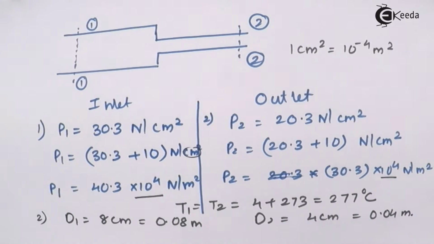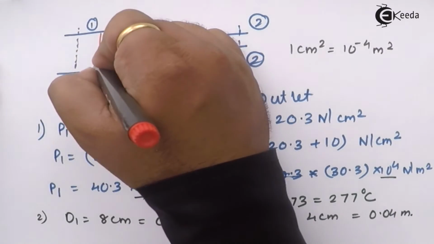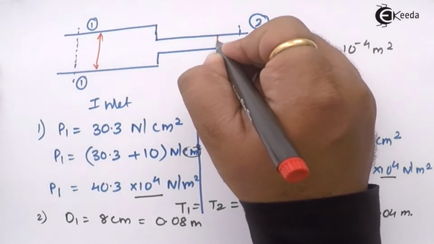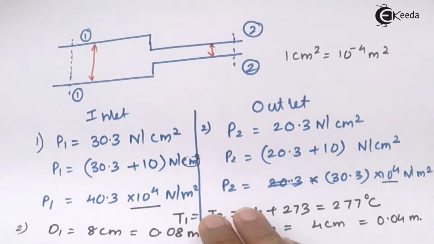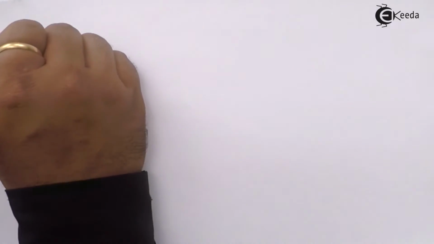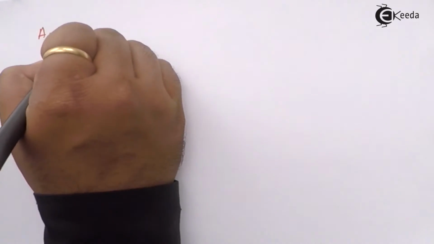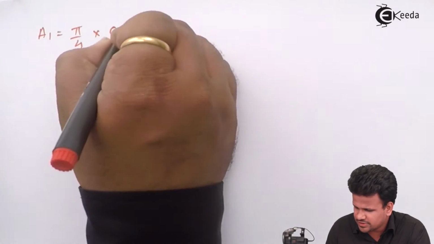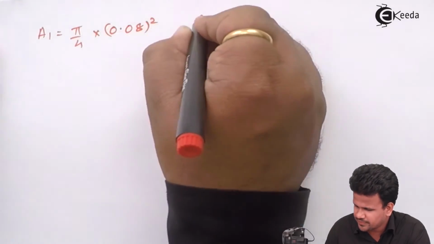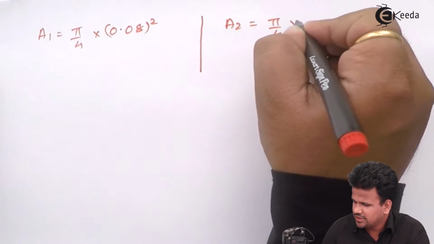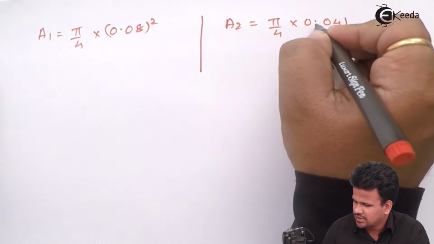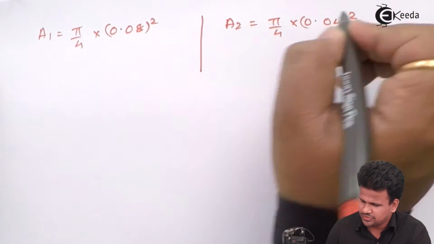Now from this, let us calculate the values of the area of cross section at 1 as well as 2. The area of cross section at the inlet can be calculated as A1 is equal to pi by 4 into 0.08 the whole square, whereas A2 is equal to pi by 4 into 0.04 the whole square.